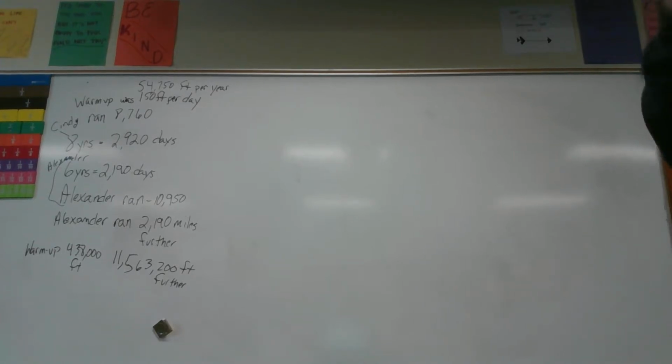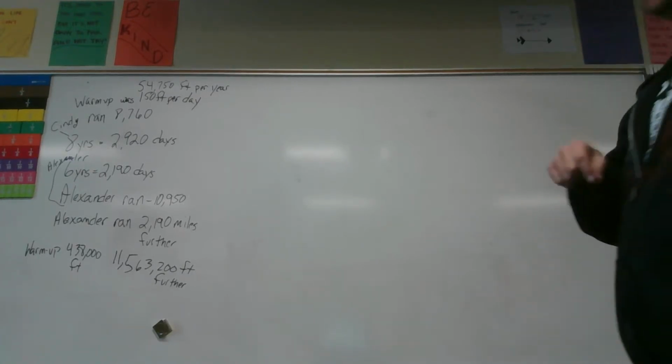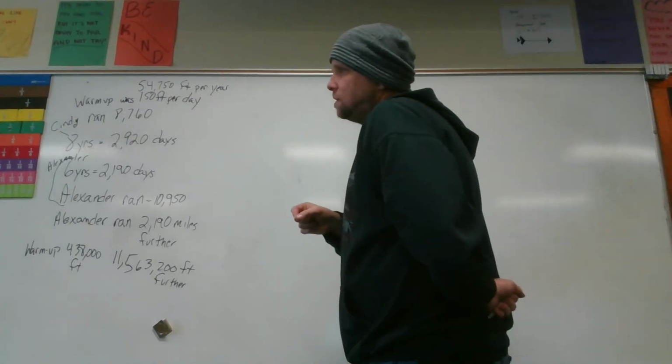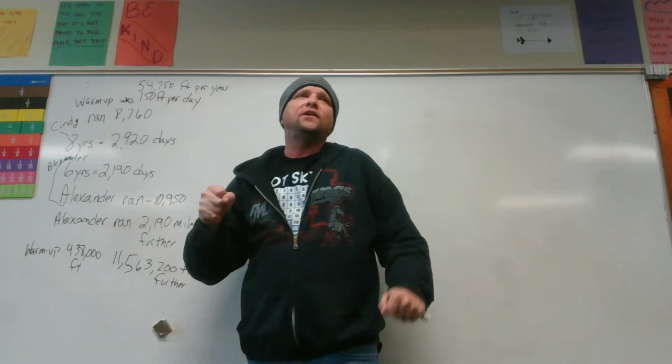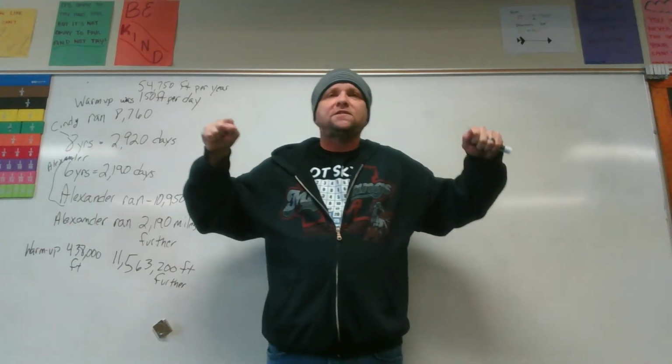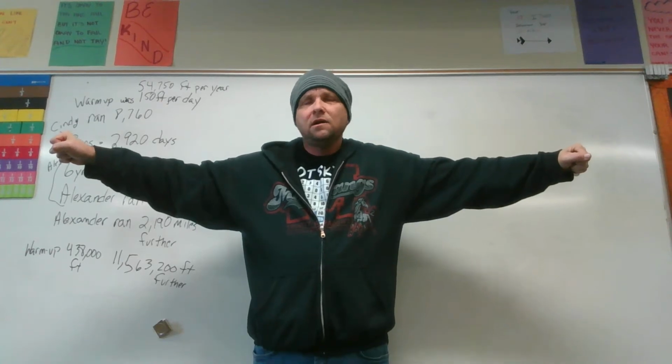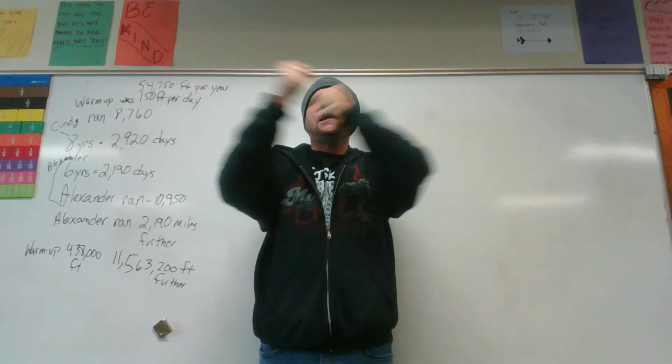Okay, now we're back to Alexander. After Alexander Cobblebatton finished running each day, he jumped over boxes that were each 2 5/10 feet tall. How many inches was each box? So we have 2 5/10 feet tall. We need to change that to inches.